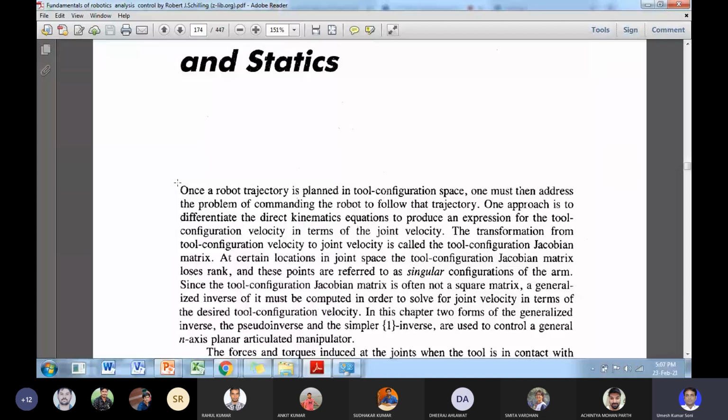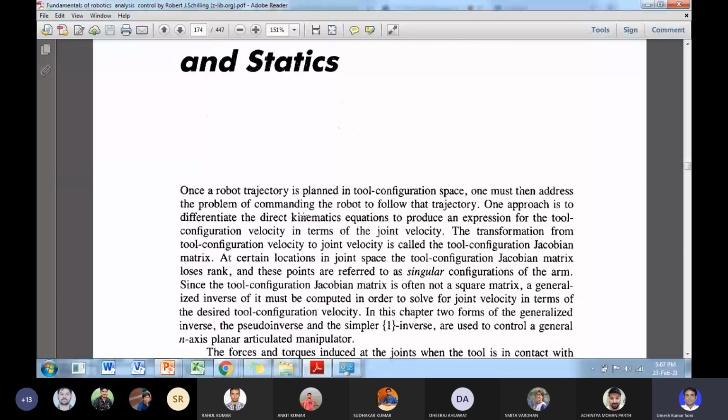Robot trajectory is planned: in which workspace the tool or robot will move, in which spaces the robotic manipulator will move, what is the work envelope. So after deciding the tool configuration space and robot trajectory, we then address the problems of commanding the robot to follow that trajectory.